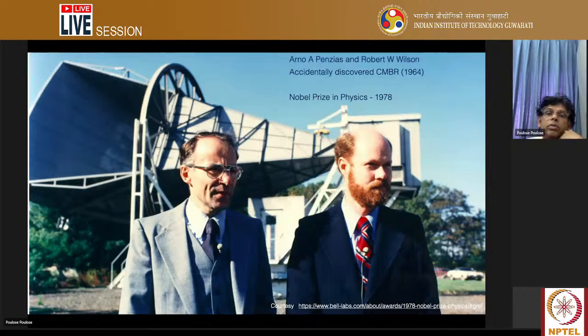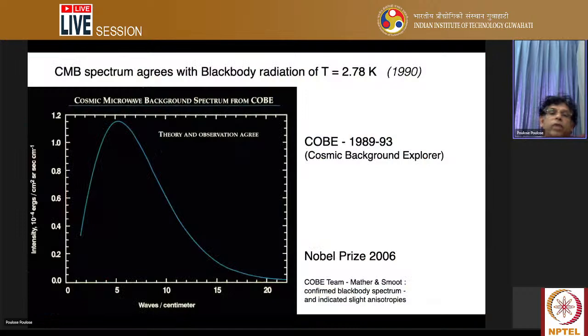But these two gentlemen could find it without looking for it, because they were studying something else. Then further on, it was acknowledged and understood that it's basically the cosmic microwave background radiation. There are ways to establish all those things.